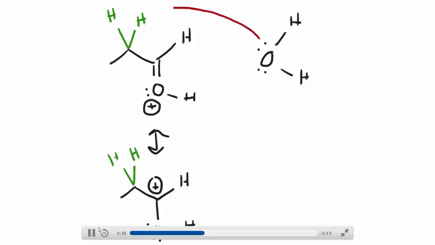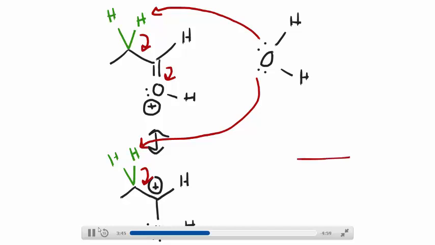So water removes the proton, and you take this pair of electrons, give it back, and you break the pi bond if you're using this resonance structure. If you're using the other one, take the proton on the alpha carbon, give the electrons back, make the pi bond. Okay. And we're going to end up, at the end of the day, with this enol. So that's exactly the same as what we've seen previously.